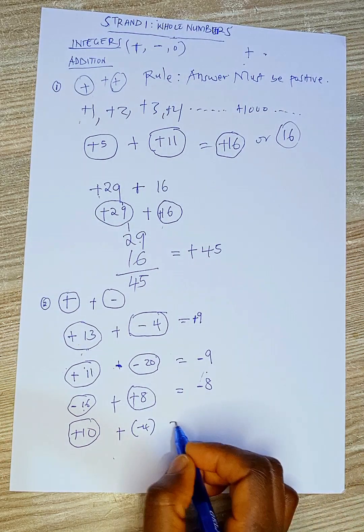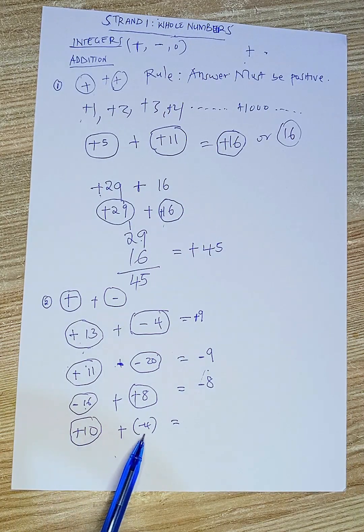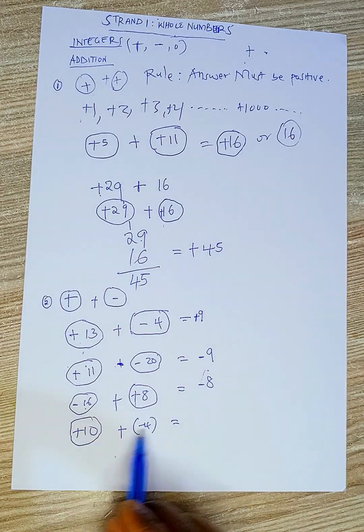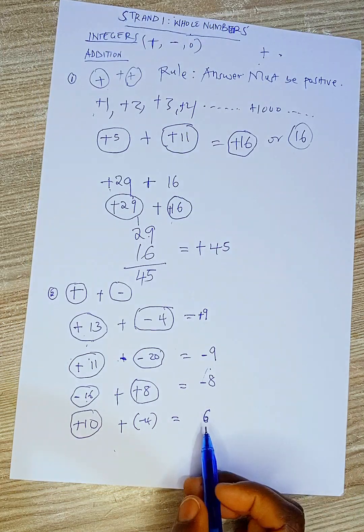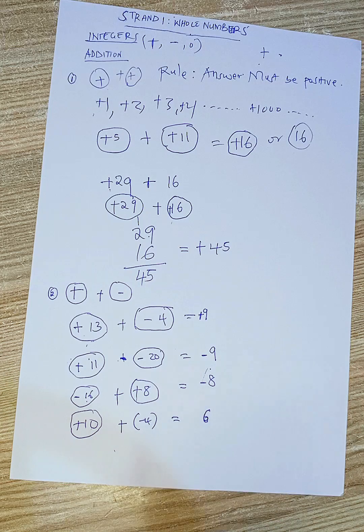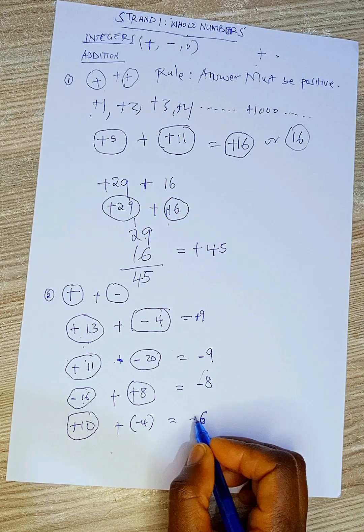I have said we take the larger number and subtract the smaller number, which is 10 minus 4, which is 6, and then we put the sign of the larger number. The larger number is 10 and its sign is positive, so the answer is positive.